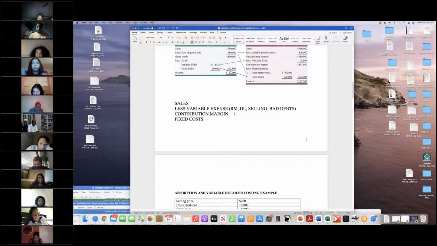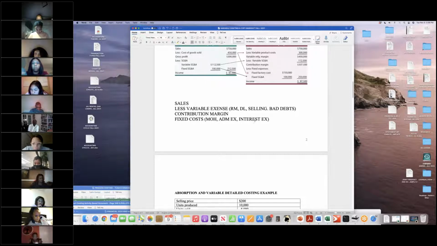And so to simplify things, fixed cost is going to be MOH. From now on, everything fixed is MOH, administrative expense, and interest expense. So essentially, these are the costs that we're going to be working with, and we lump them together.